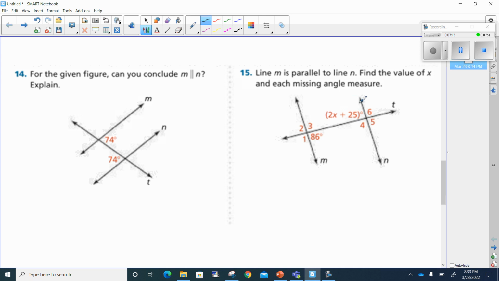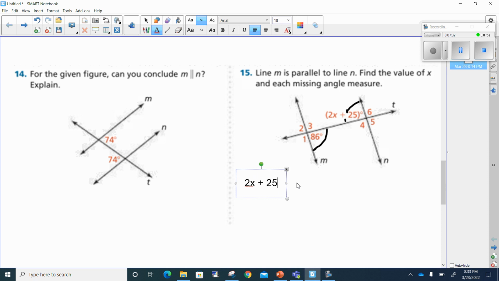What I do know is alternate interior angles are equal to each other. And this angle here has got to be equal to this angle here. Well, they've given us numbers here, so let me type them up. I know that 2x plus 25 has to equal 86. Okay?